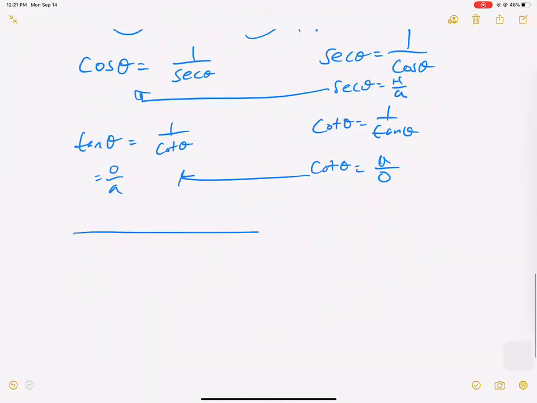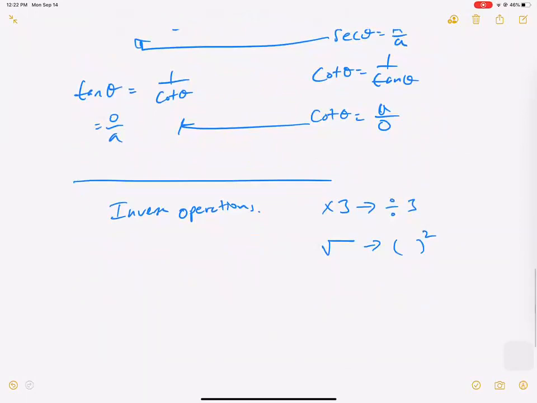Now, in Algebra 1, we learned something called inverse operations. The opposite of multiply is divide. The opposite of a square root is a square. And in geometry, you should have learned the opposite of sine is inverse sine.